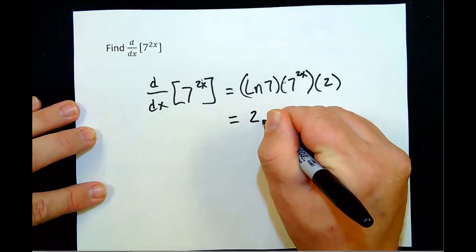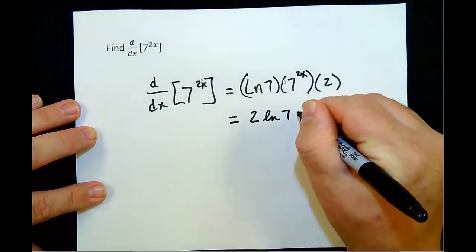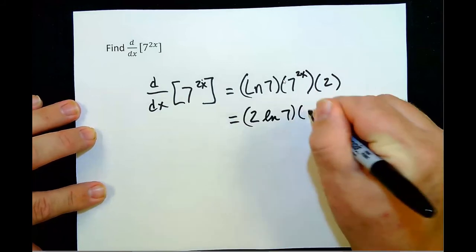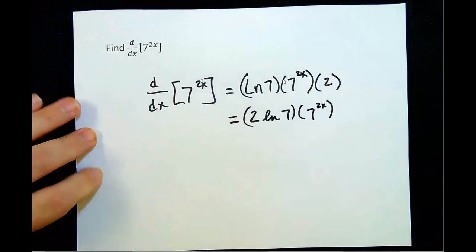So 2 ln 7 times 7 to the 2x. Not real pretty.